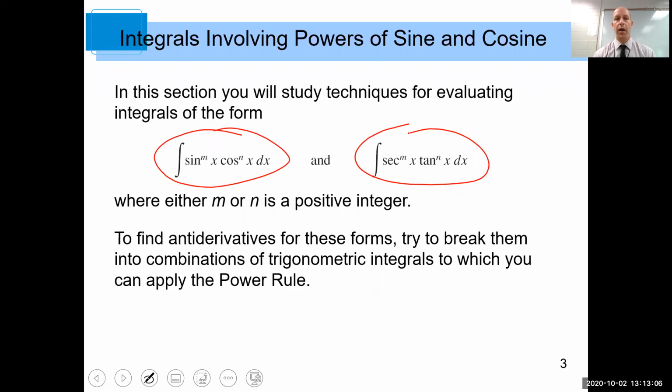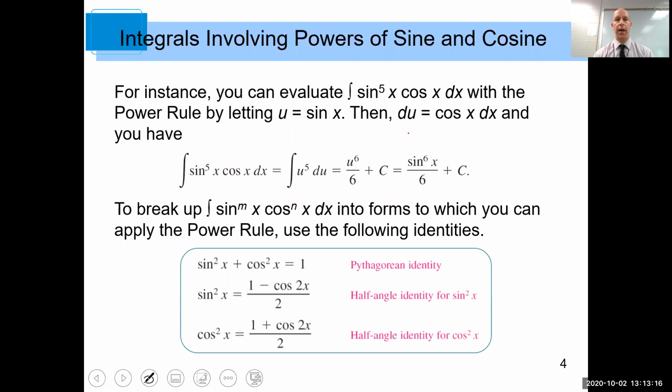So to find antiderivatives of this form, we have to break them into combinations of different trigonometric integrals, which we can then use the power rule on, and I'm going to try to give you an example of that here in just a second. So for example, if I wanted to evaluate the integral of sine to the fifth power x times cosine x dx, we could use the power rule and let u equal the sine of x, and then of course du would be cosine x dx.